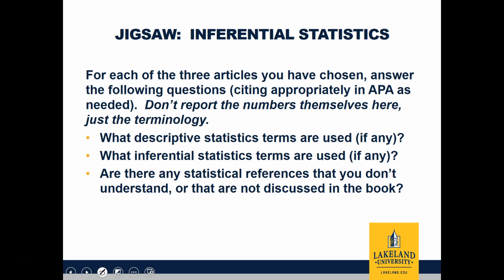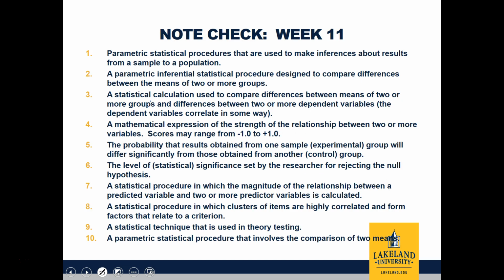I may not be all-knowing when it comes to all stats, because sometimes researchers are doing some crazy things with statistics, and sometimes there are things that are rarely used that are reported, or might be a new technique. So I don't claim to know all the answers, but hopefully we can at least get you the basics of some of your inferential statistics and descriptive statistics.